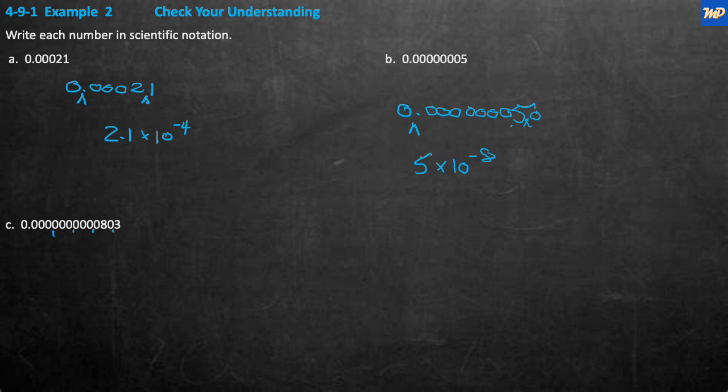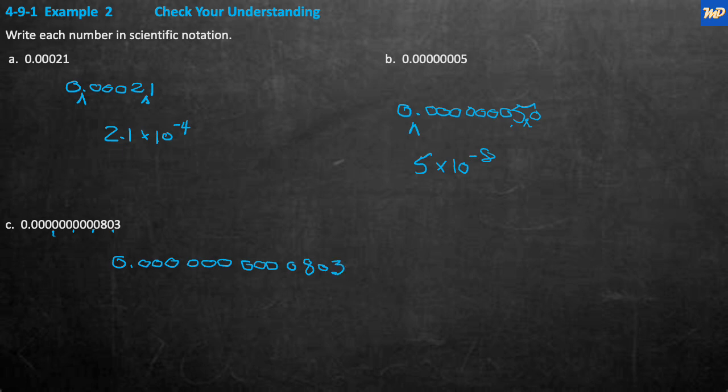So we have 0.123, 123, 123, 123, 123, and we're here. It is 1, 8, 0, 3.